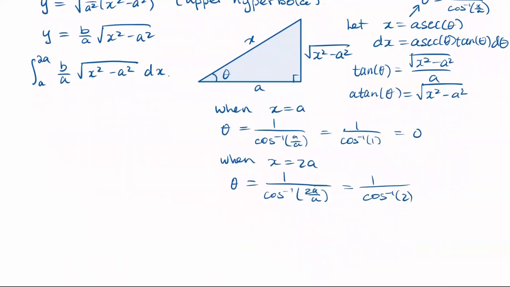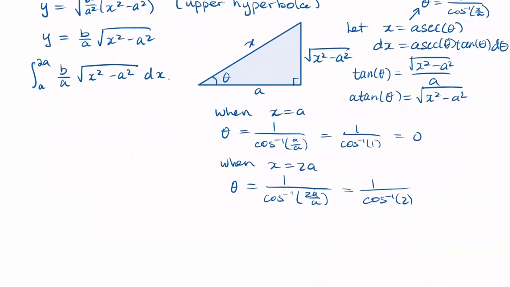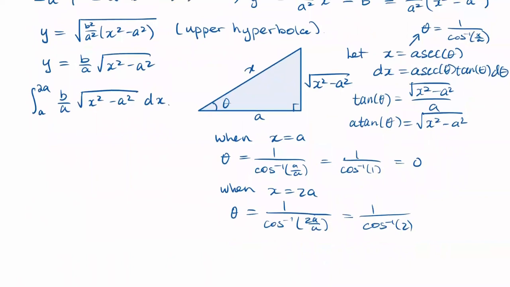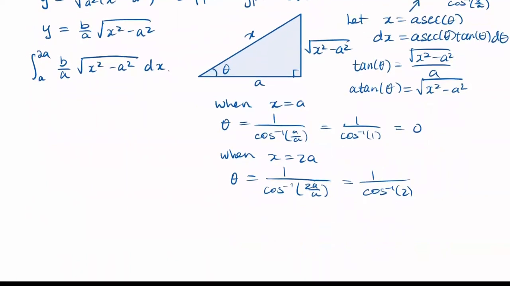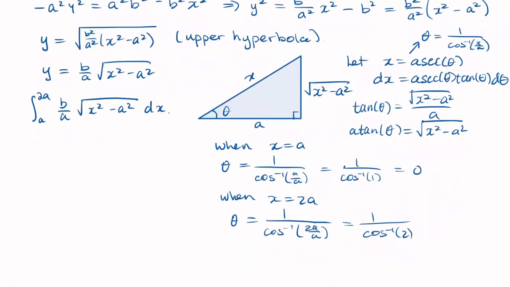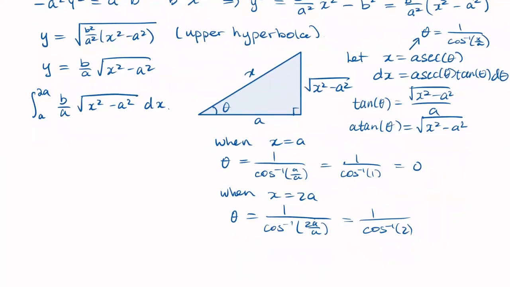because cos can only range from 0 to pi over 2. Okay. Let's see. So cos inverse of 2. One second. Yeah, so this one actually has no solution. So let me go ahead and change that value to make it defined.